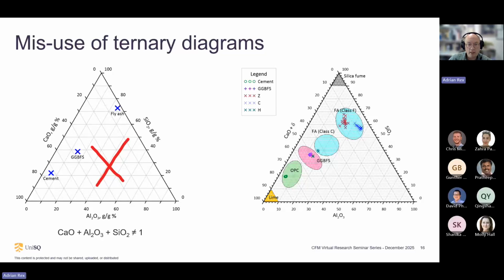Please remember that those 3 materials do not sum to 1, their composition. So when we look in the literature and we see people drawing these ternary diagrams, they've normalized them by accident. They've relied on the software. These 3 could add up to only 0.4.